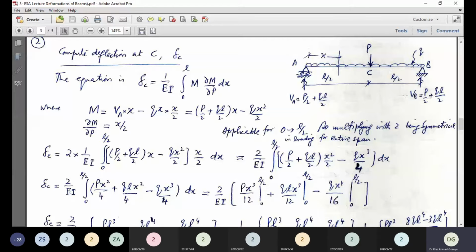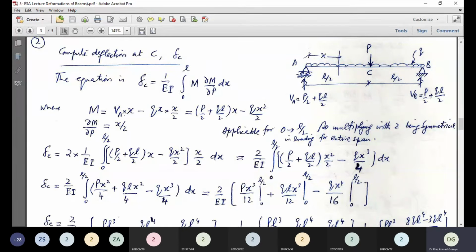So we will write the moment expression. What is that? Now take any section at a distance x from A. Now at this section, the moment will be VA into X, this one.